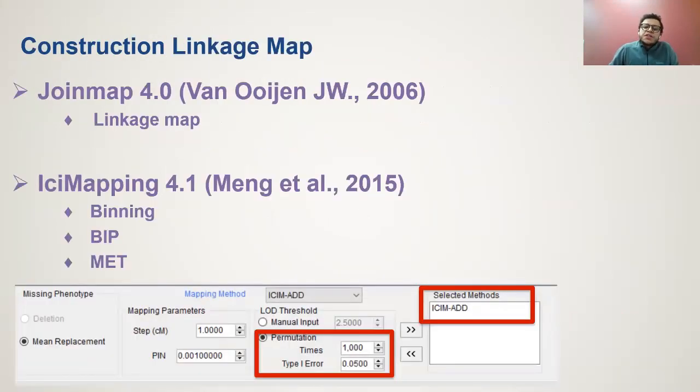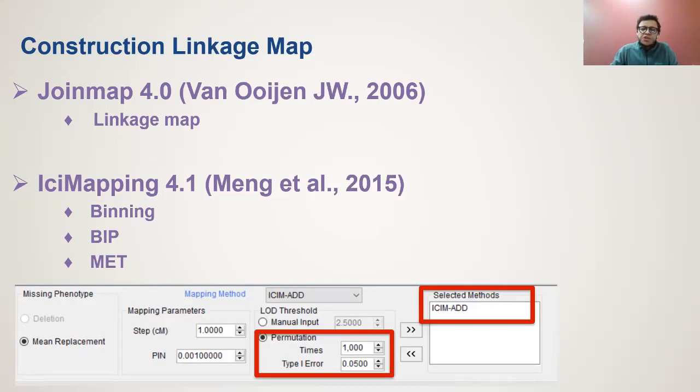Over 8,000 SNP markers were used to create a linkage map using JoinMap software. And then we mostly used ICIM mapping. First, as I mentioned before, the binning function to remove the redundant markers. I mean, we delete one of our duplicate markers.